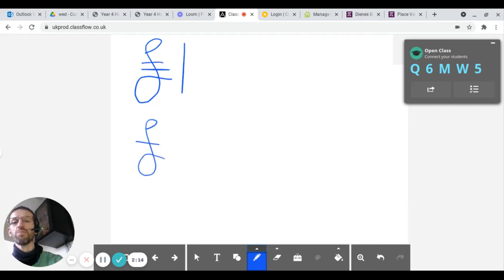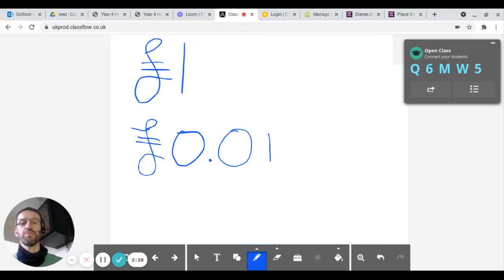So if I was to write 1 pence, but write it as a pound, put the pound sign, 0, decimal point, nothing in the tenths column, but I'm going to have 1 in the hundredths column. So that is how we would write 1/100th. No ones, no tenths, and this column is the hundredths.